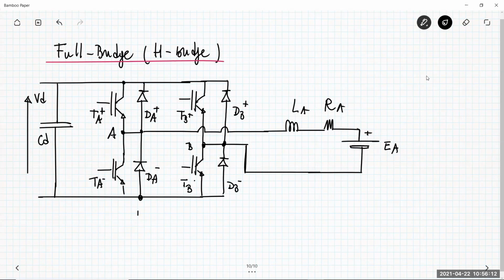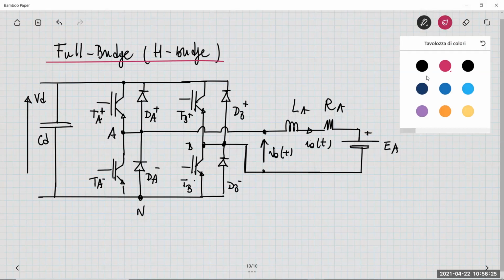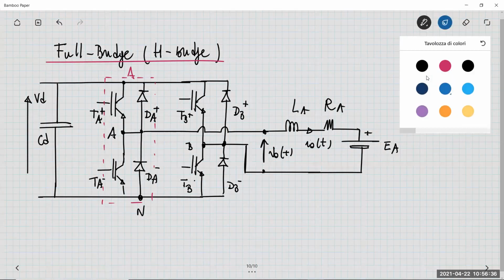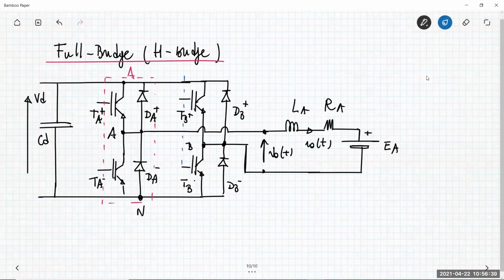This is the node N. Here you have V0, and the current here is I0. So again, this is the leg A, and leg B.